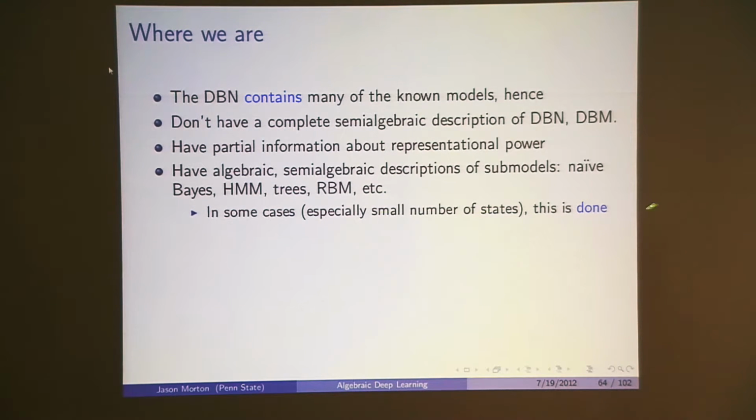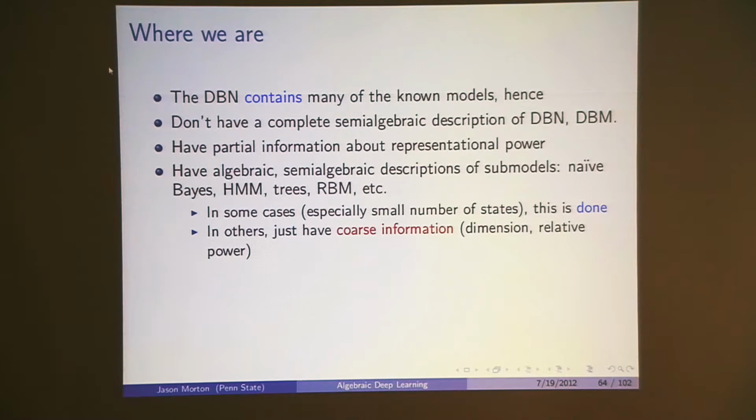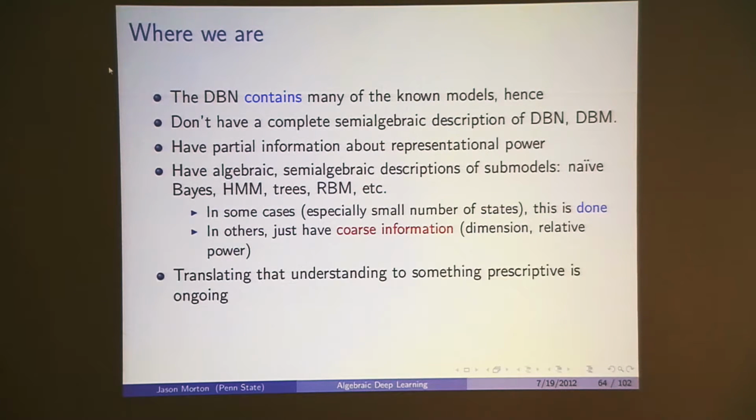In some cases, for a small number of states, for nice models, some trees, small naive Bayes models, this is done. We know everything, okay? And we can hope to just take that knowledge and translate it to the deep network case. In others, we just have some coarse information, like we know something about the dimension or the relative power or things like that. It kind of depends on how long it's been studied and how difficult it is.